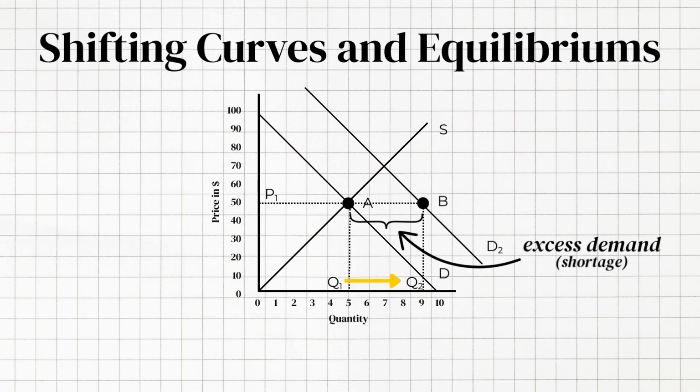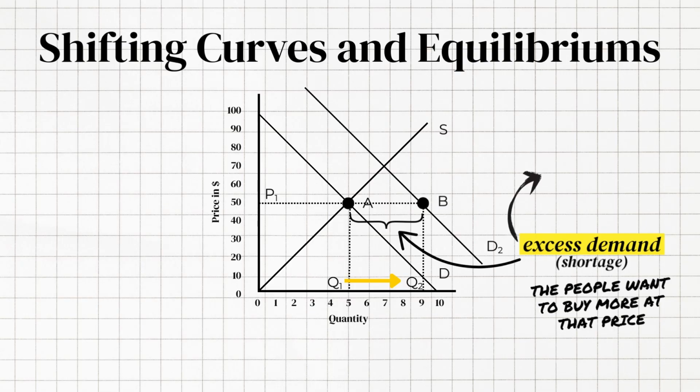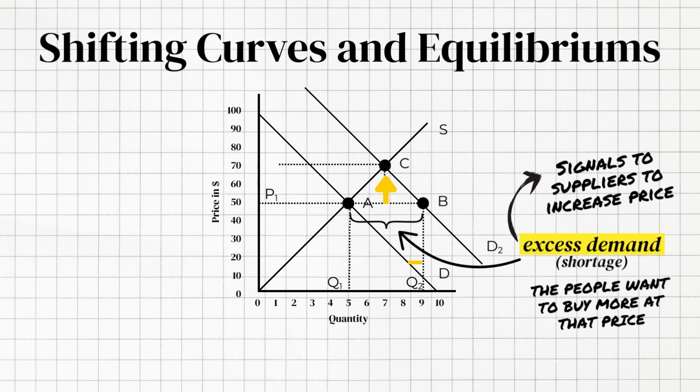The excess demand causes a shortage that can be measured as the distance from point A to point B. As we learned earlier, this signals to suppliers that consumers value that good more now, so it will incentivize them to increase the price. So the price moves up to point C, which becomes the new equilibrium point.